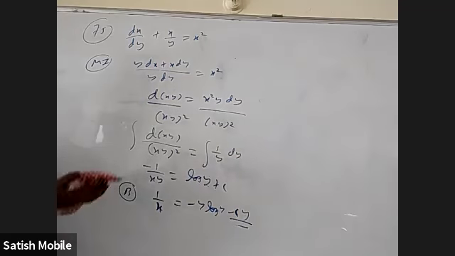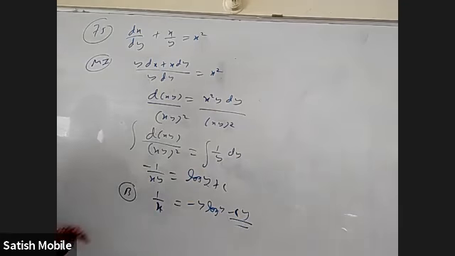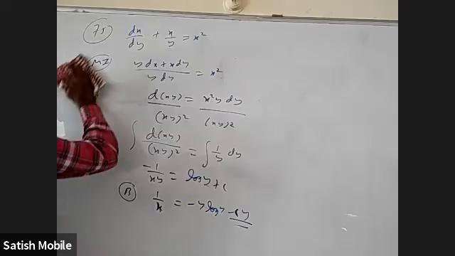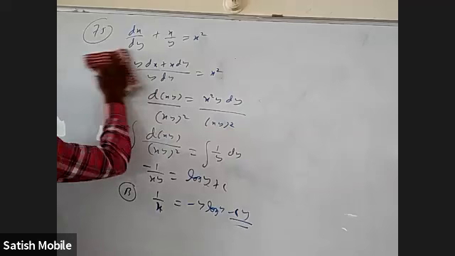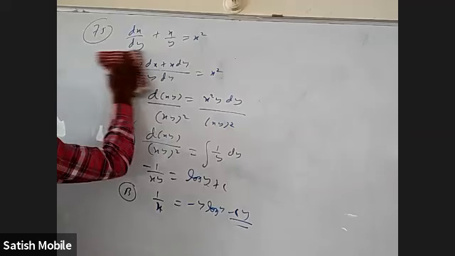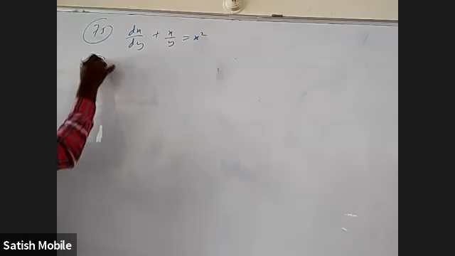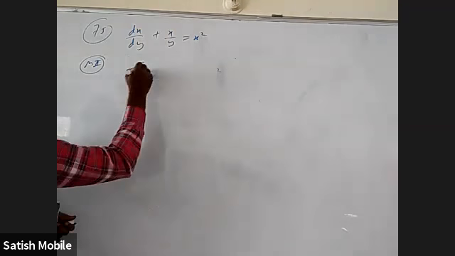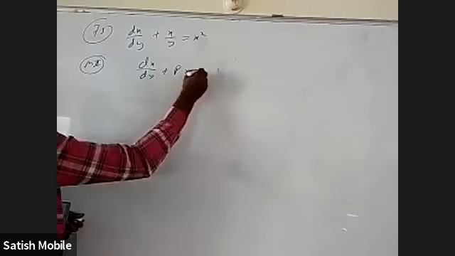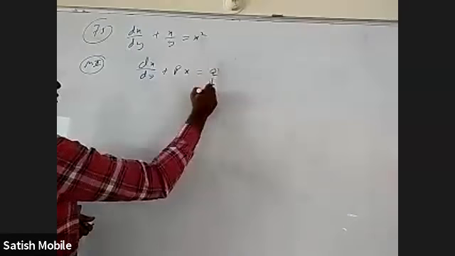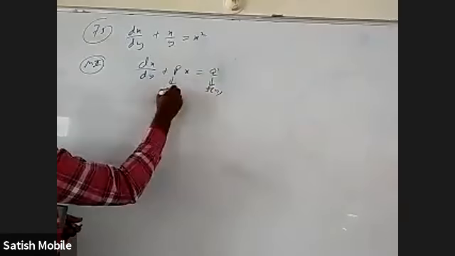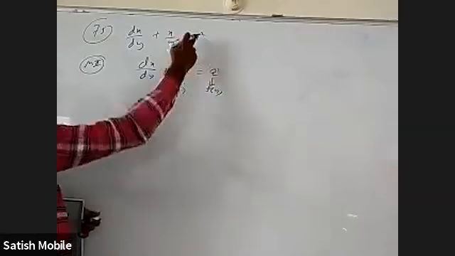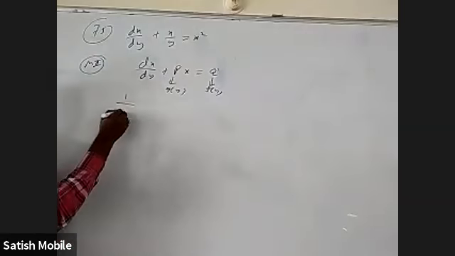Okay, I'm going to erase this, which is fairly simple. Coming to the present model, as I said already, we want to have dx by dy plus px equal to q, where p is some function of y and q is some function of y. We don't want anything in terms of x, so divide with x square here.